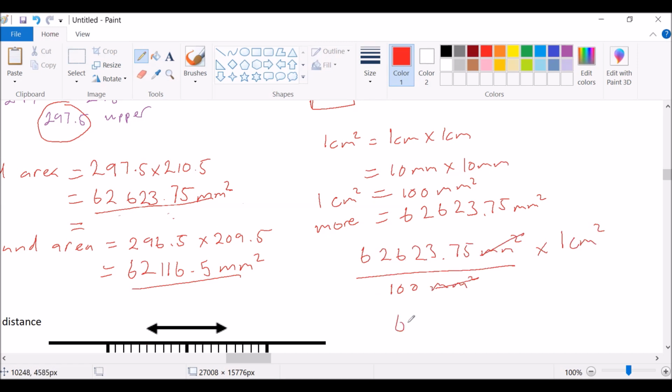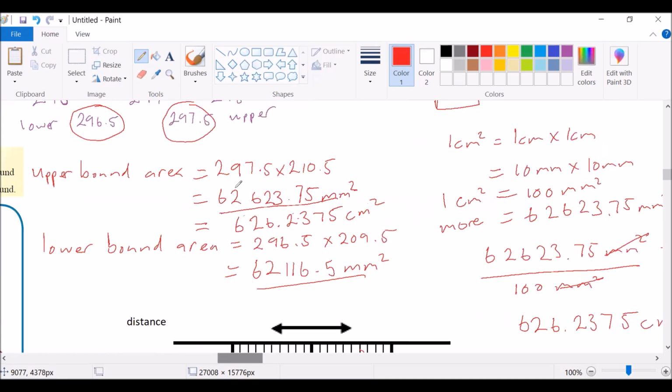So now we have 626.2375 centimeter squared. So we can say this is equal to 626.2375 square centimeters for our upper bound area.